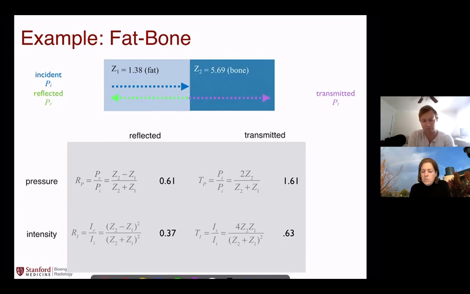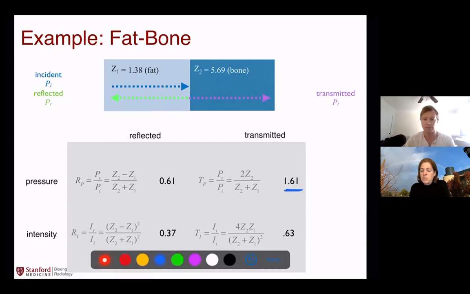You're still going to get some transmitted through. And because this is a situation where we're going from low acoustic impedance into high acoustic impedance, the transmitted pressure is actually going to go up from 1 to 1.6, because this number has to equal 1 plus that number.